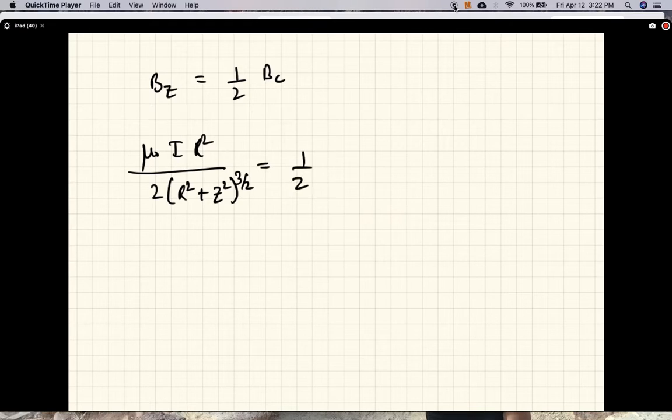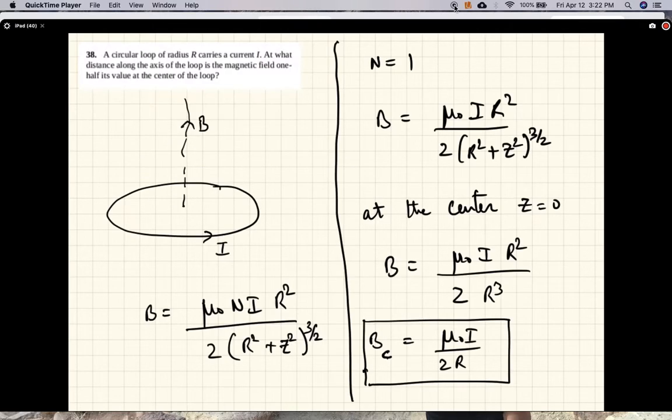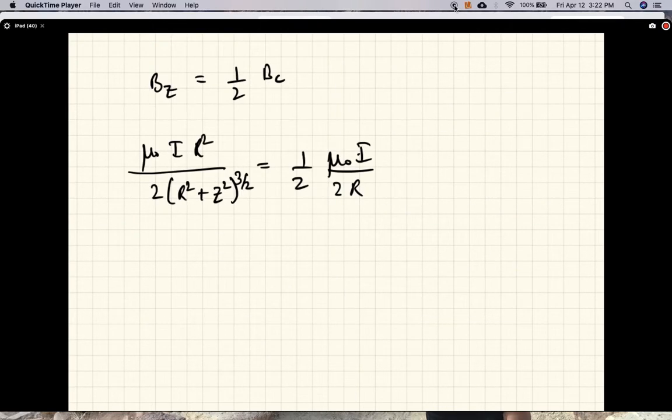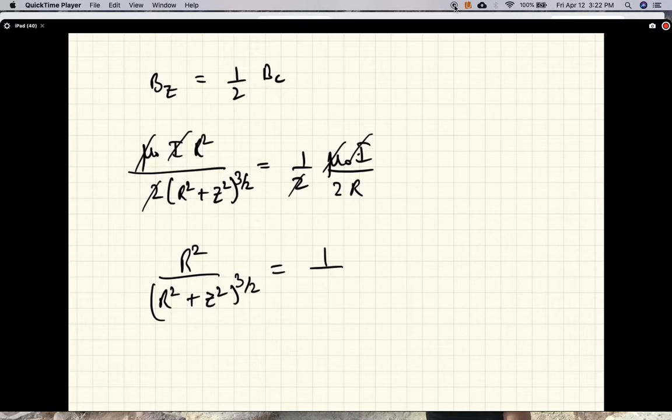We want this to be 1/2 of mu naught I over 2r. The mu naught cancels, the I cancels. So what we want is r squared over (r squared plus z squared) to the power of 3/2 to be equal to 1 over 2r.